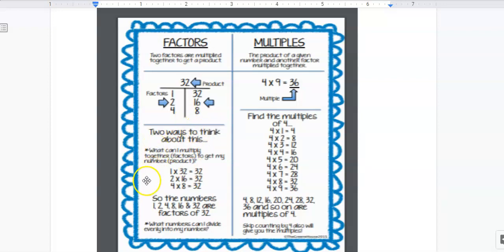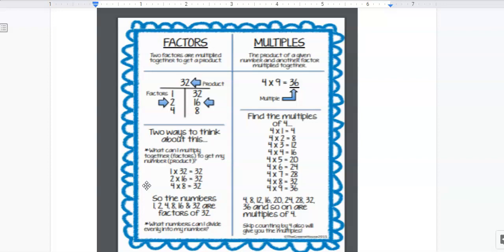Two ways to think about this. When can I multiply together factors to get my number, or your product, right? So 1 multiplied by 32 is 32, like we said. 2 multiplied by 16 is 32, and 4 multiplied by 8 is also 32.